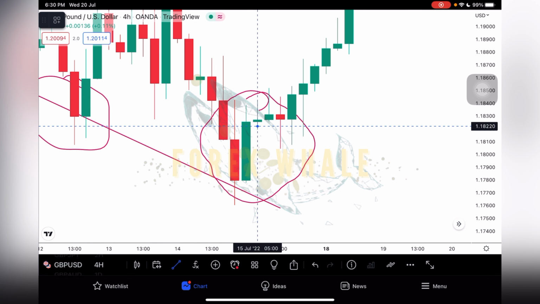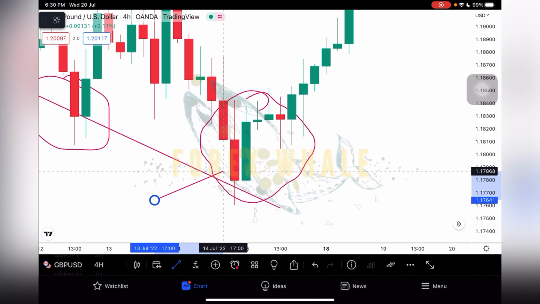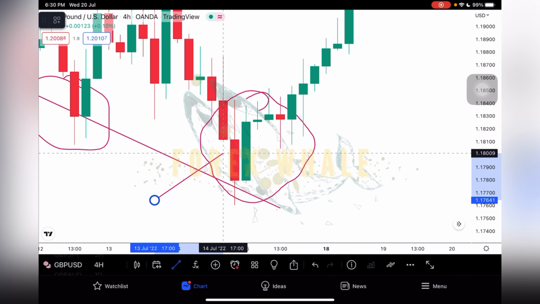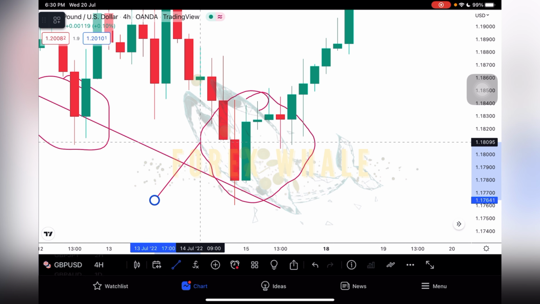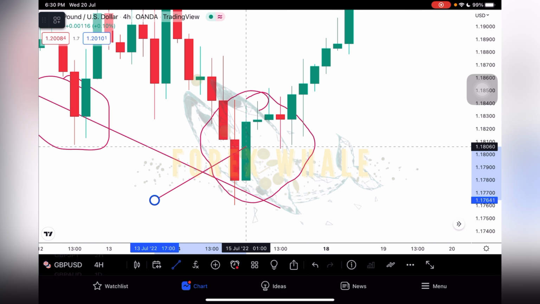The main part is, of course, the body must be bigger than the previous candlestick. That is the most important. These shadows are just noises, but like I said, a perfect bullish or bearish engulfing is when not only the body is bigger than the previous candlestick, its shadow is also longer than the previous one.